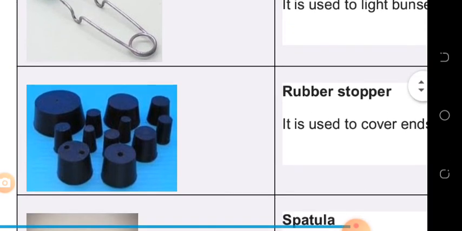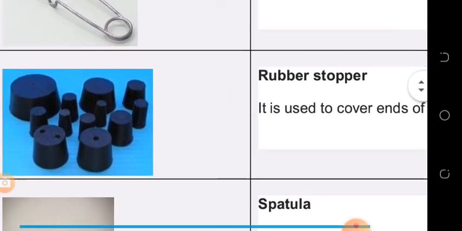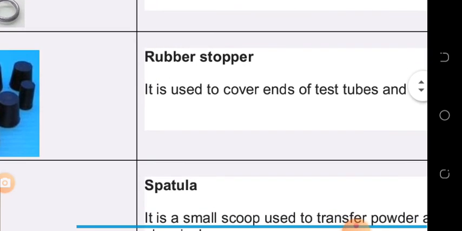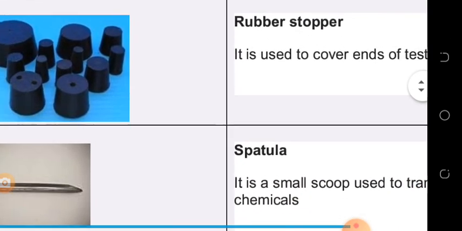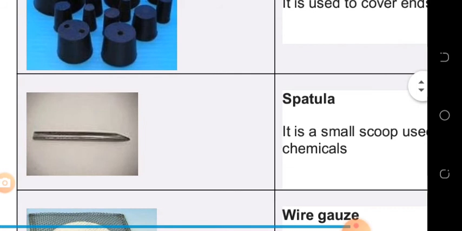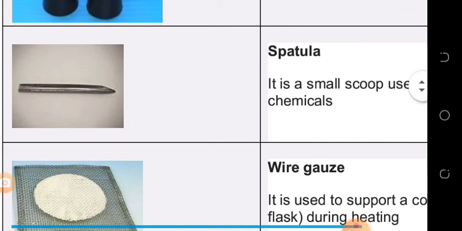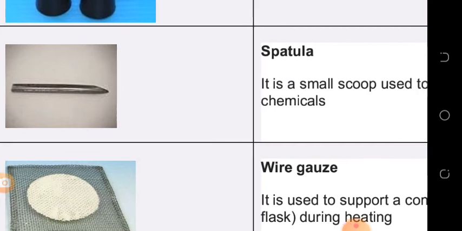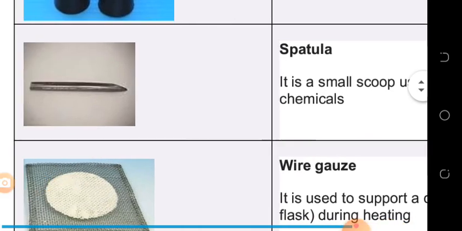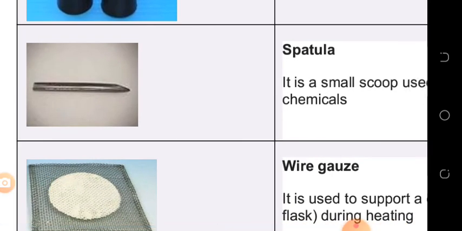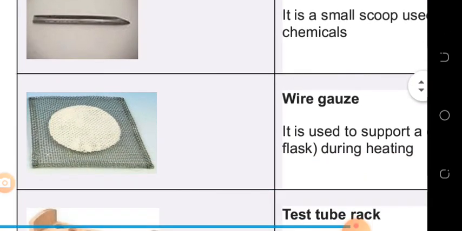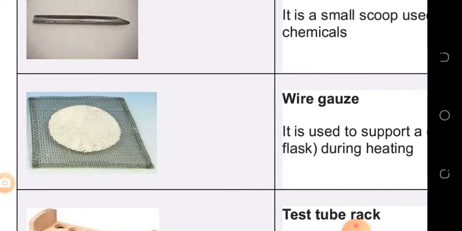burner. Rubber stopper: used to cover the ends of test tubes or flasks during experiments. Spatula: it is shaped like a spoon and used to pick up or transfer small amounts of solid chemicals that can be transferred to a beaker or any flask.